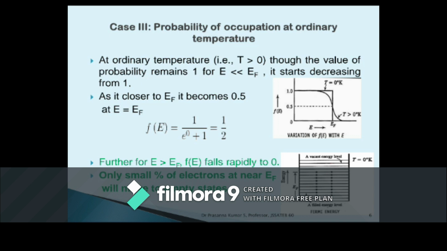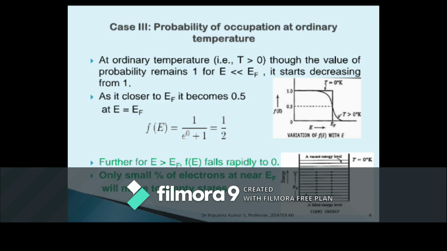So it creates vacancies near the Fermi energy EF, and you will see some occupations above EF in the vacant sites. That is what takes place as temperature is increased.